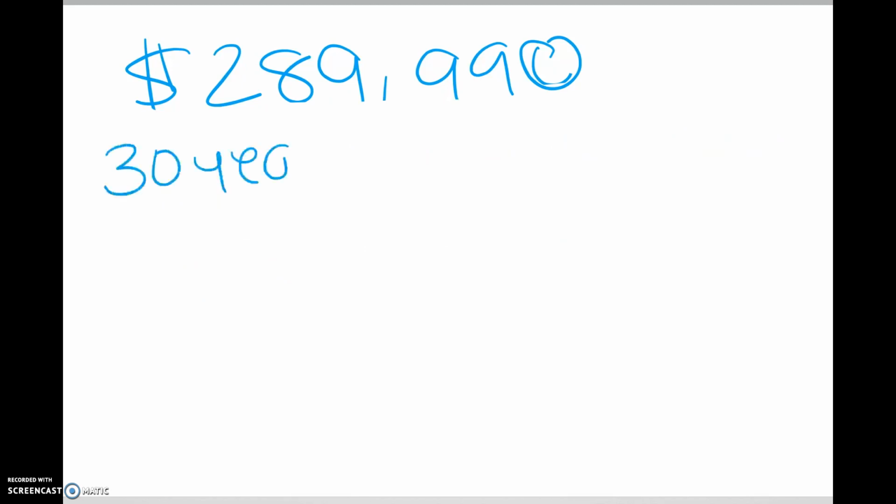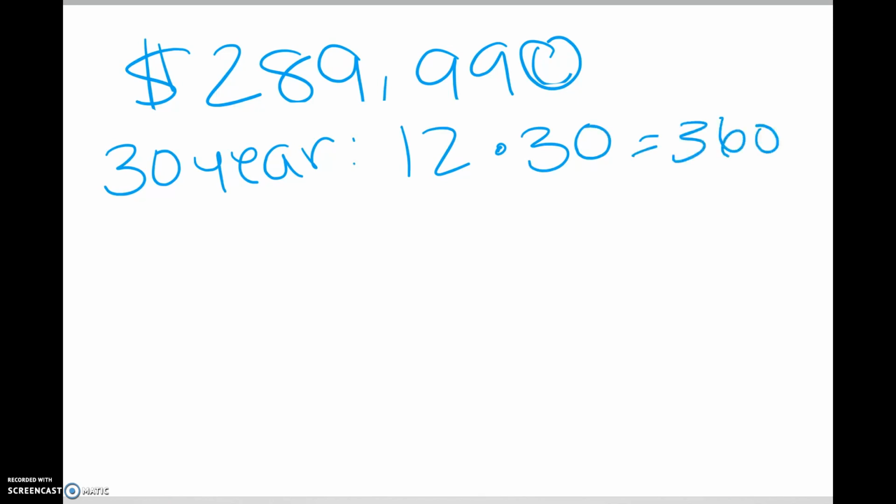So to find our total interest for a 30-year loan and a 15-year loan, first we'll do the 30-year loan. Basically, we multiply 12 and 30 because that is 360 months, which is 30 years.